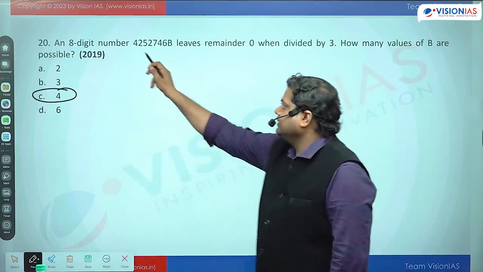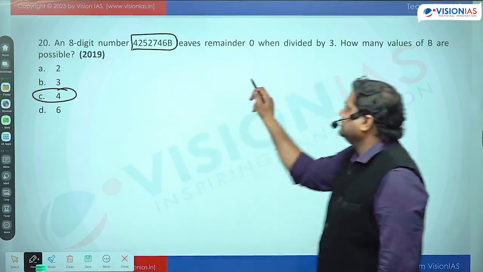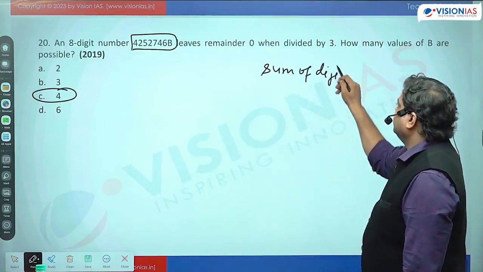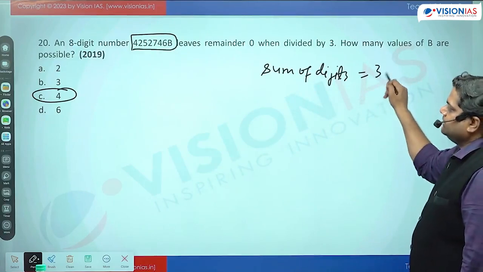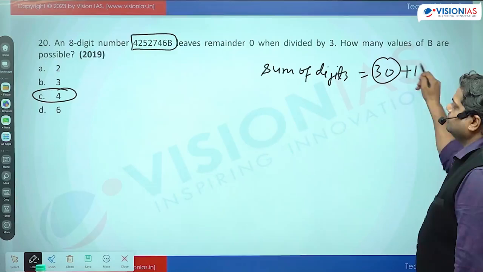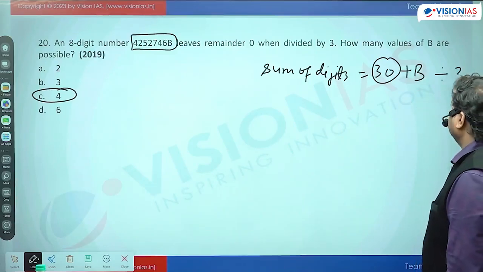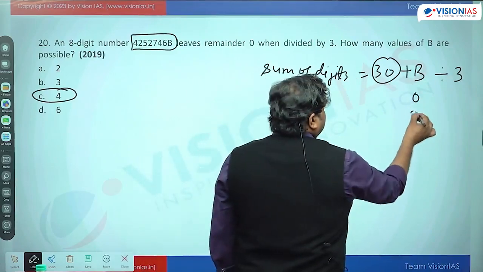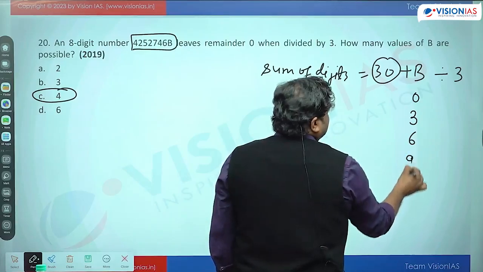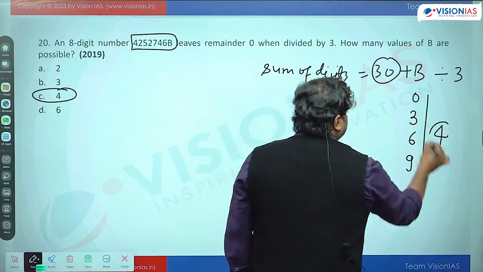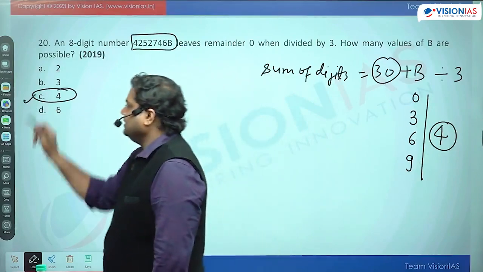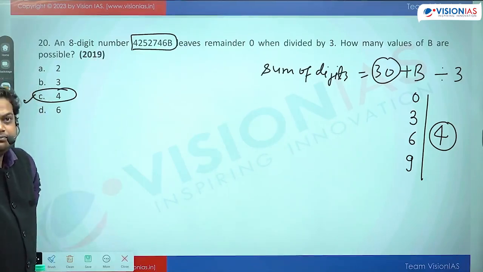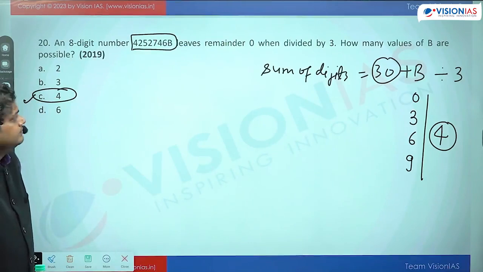So in this we'll take the sum of the digits. It is coming as 30 plus B. It must be divisible by 3. What values can we take? 0, 3, 6, 9. Total count is 4. 4 will be our answer. Simple. Okay.